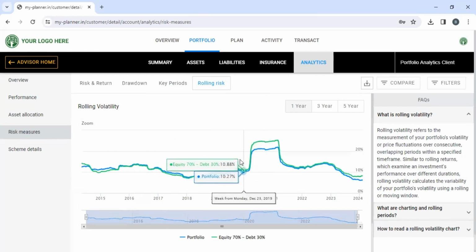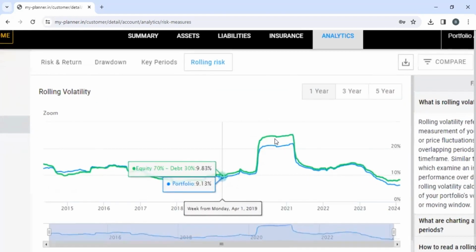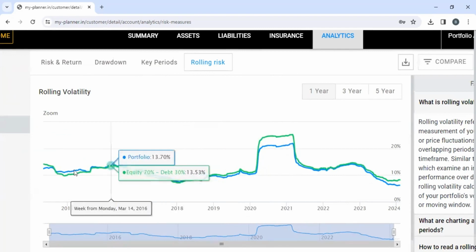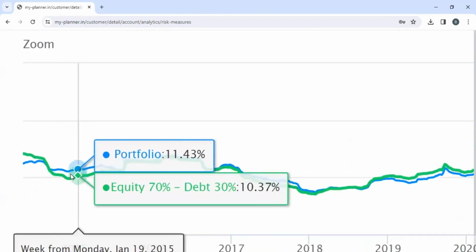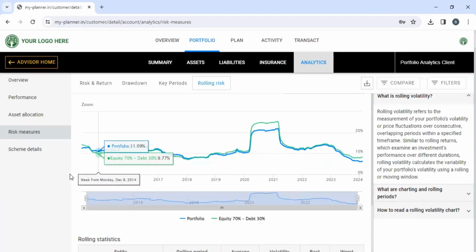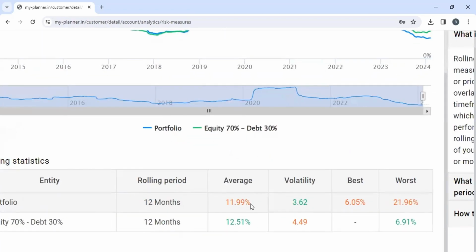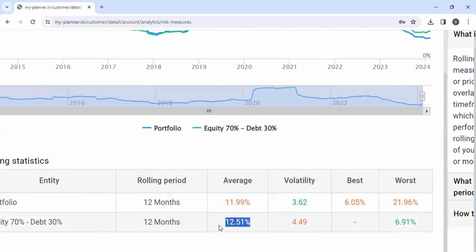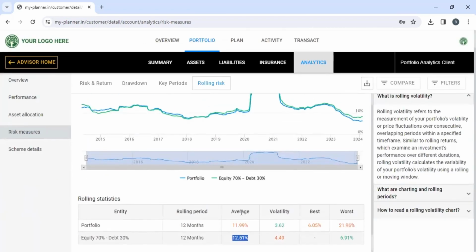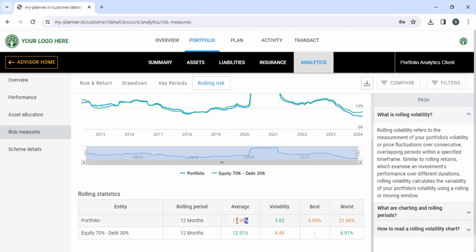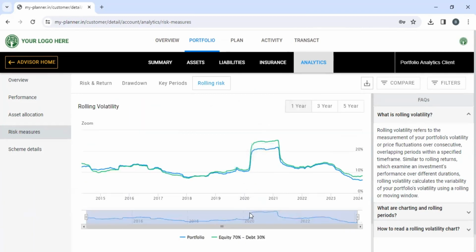If you see against this benchmark, the benchmark has given high volatility in these periods compared to the portfolio, whereas in this period the portfolio has given higher volatility. But in statistics, we can see the average for the portfolio is around 11 to 12%. Since it's a 1 year rolling, year on year we have given on average 11 to 12% volatility, very closely similar to this particular benchmark.